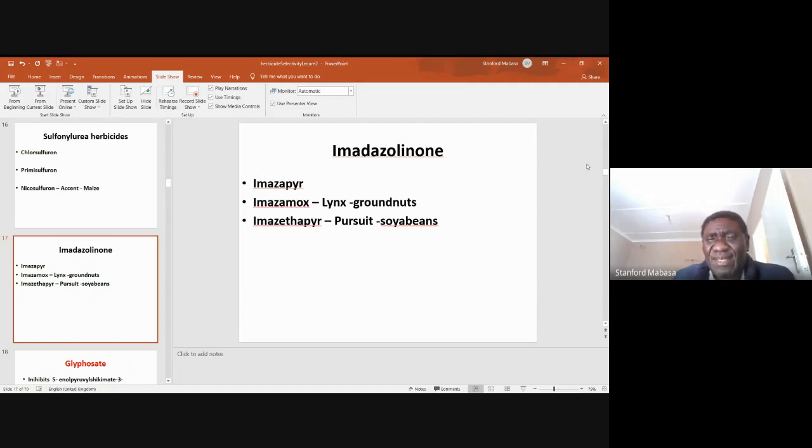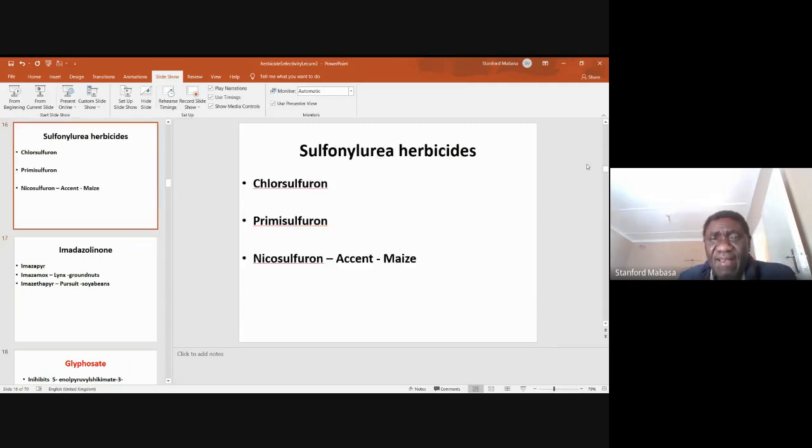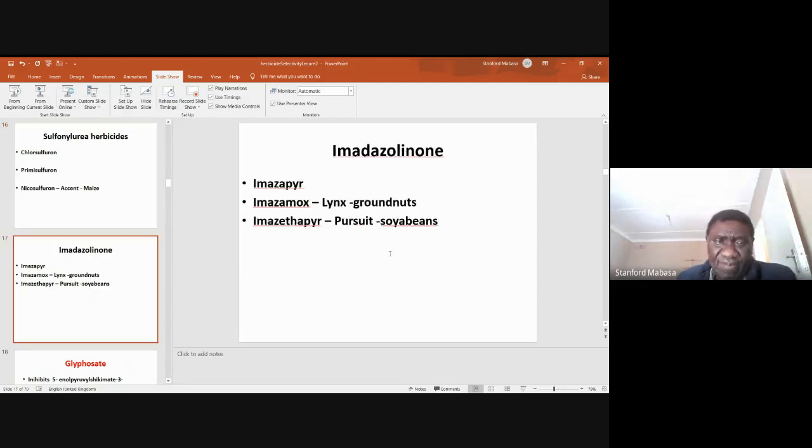Imazamox or Lynx is commonly used in groundnuts in this country, sold by other agrochemical companies. Imazethapyr is Besuto, also commonly used to kill grasses in soybeans. Accent or nicosulfuron is the herbicide which is used to kill couch grass in maize.